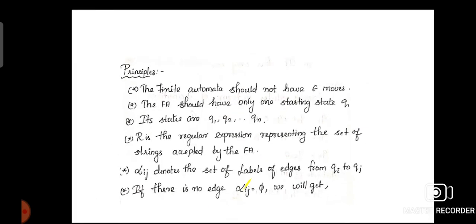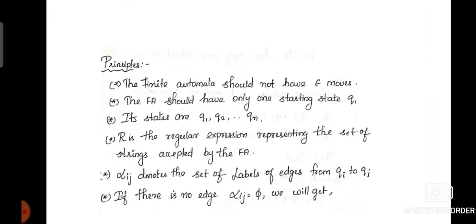Then there is a set of principles for Arden's theorem. In the problem we will be given some finite automata system in diagrammatic representation. From the structure of the system, we have to identify the regular expression. So we are deriving like this.